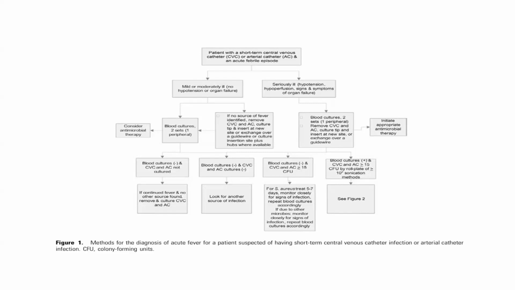If no source of fever is identified, remove the CVC and arterial catheter, culture the tip, and insert at a new site, or exchange over a guide wire, or culture the insertion site plus hubs where available.